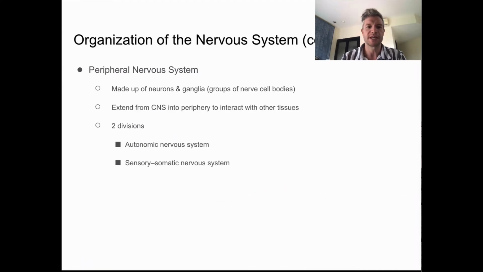So let's investigate our peripheral nervous system. So it's made up of neurons and ganglia. So ganglia are groups of nerve cell bodies. That's typically, they extend from the central nervous system. They reach out to all our periphery, hence why it's called peripheral nervous system. As I mentioned, there's two divisions of our autonomic nervous system, and we have our sensory somatic.